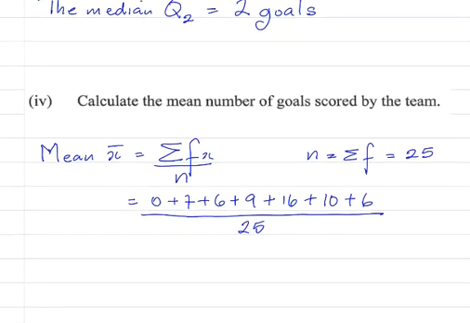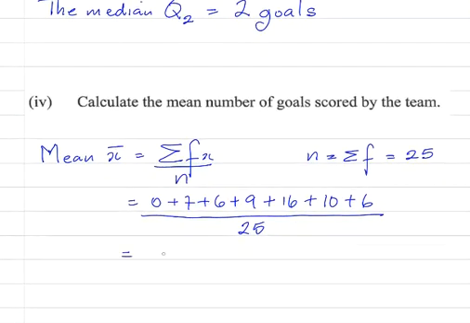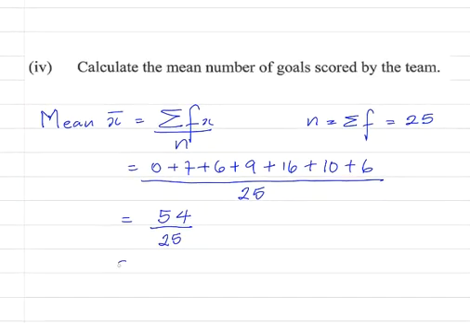This comes out to be 54. So the total number of goals is 54 divided by 25, and so the mean number of goals is 2.16 goals.